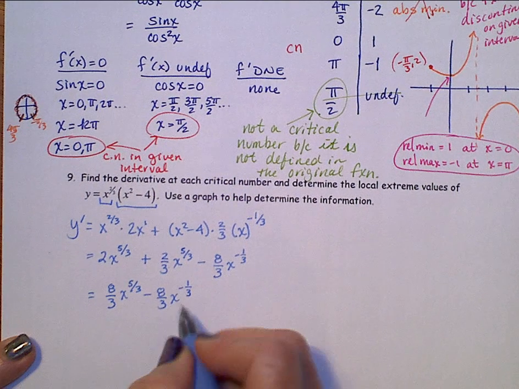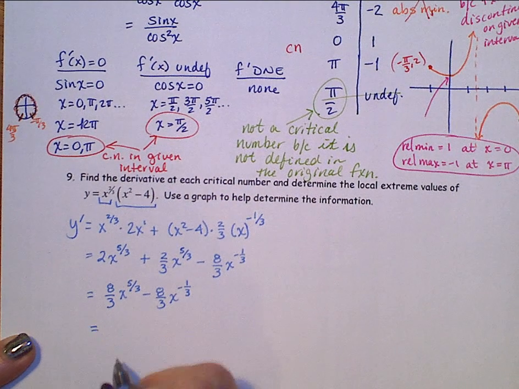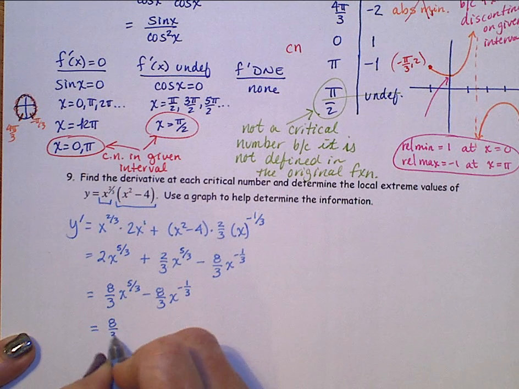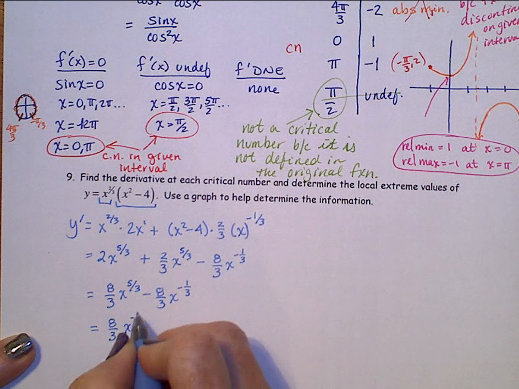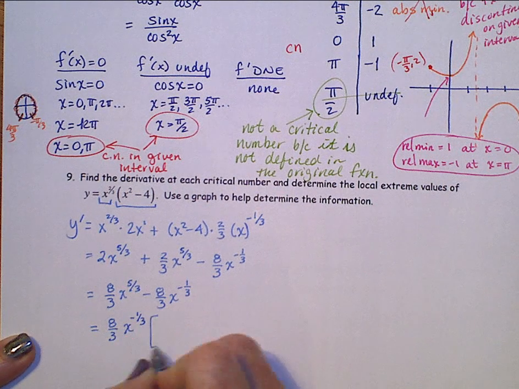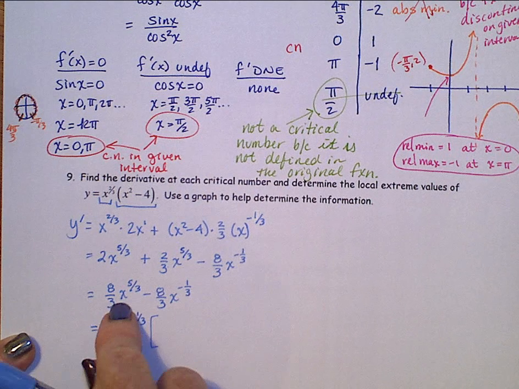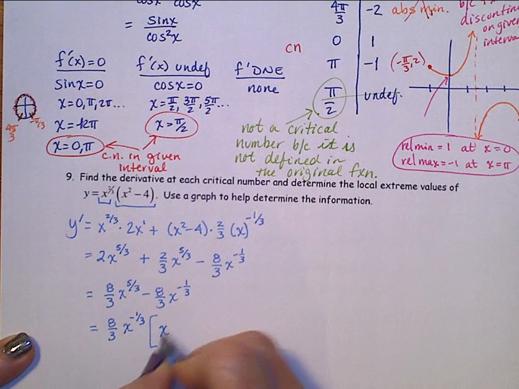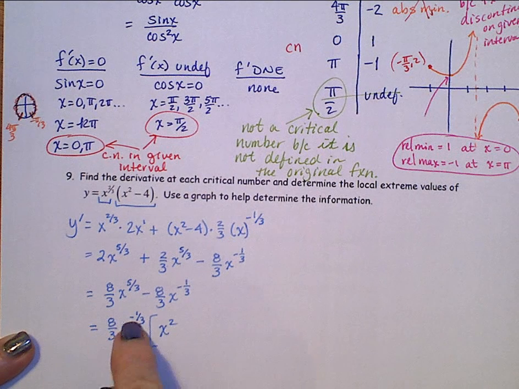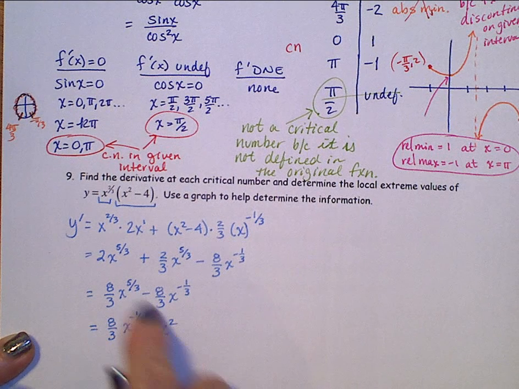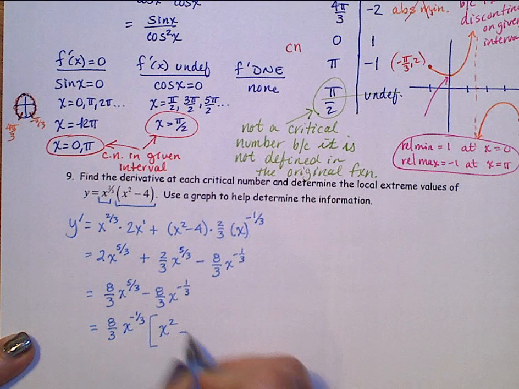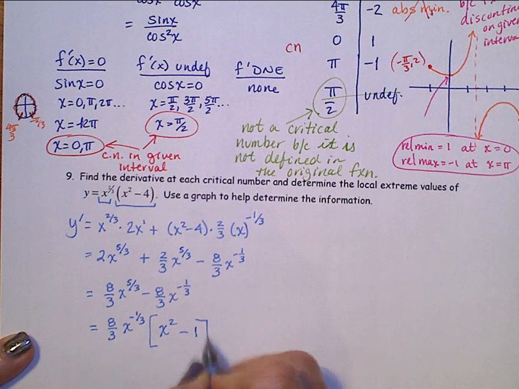Let's go ahead and factor. We can pull out an 8/3 x to the negative 1/3. From this first one, we need an x squared, because negative 1/3 plus 2 is 5/3. And from the last one, minus a 1.